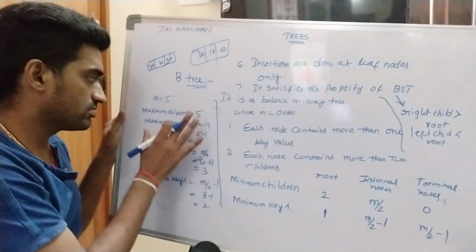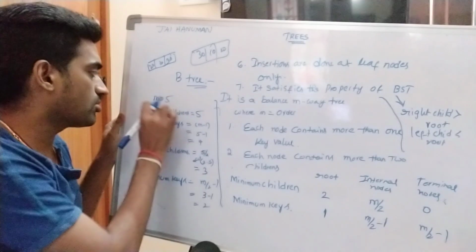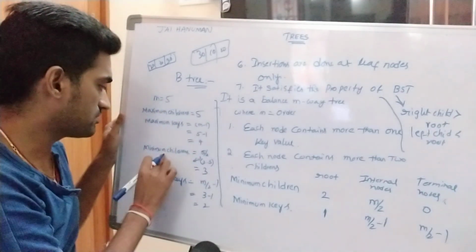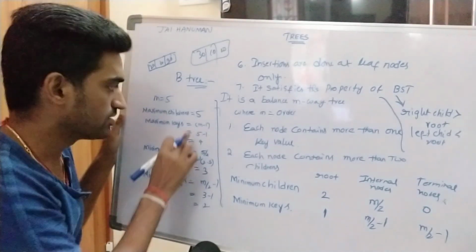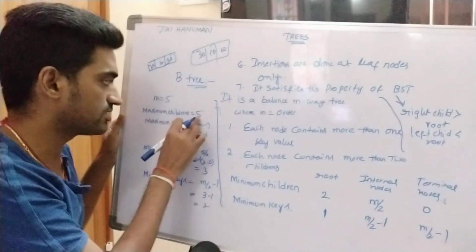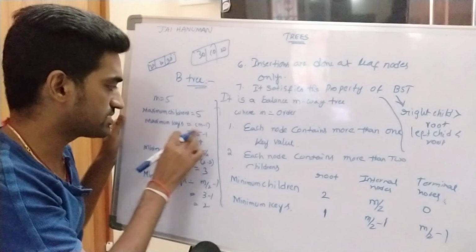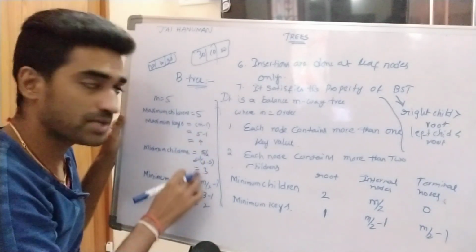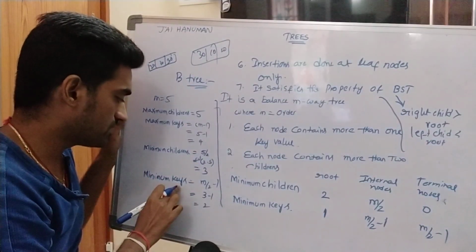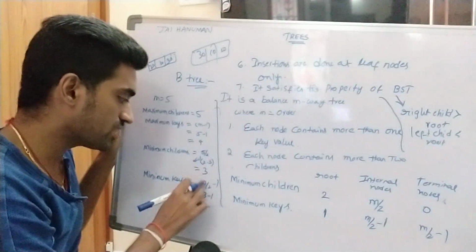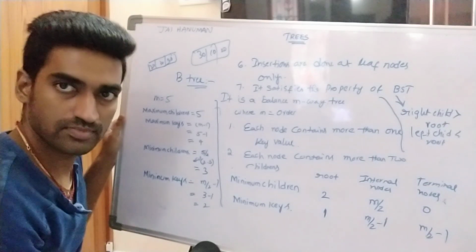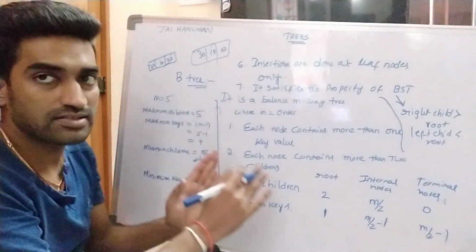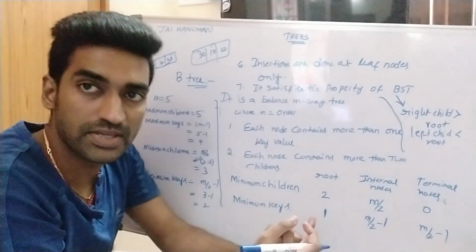So this is about the fifth order B tree. The formulas are: maximum children m, maximum keys m minus 1, minimum children ceil of m by 2, minimum keys ceil of m by 2 minus 1. So this is about what a B tree is and its properties.